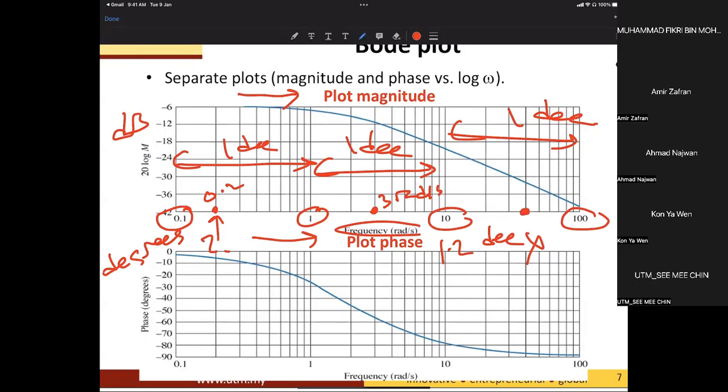What is the value of this frequency value? Where are you? Are you using a phone? No, a laptop. 10. What comes after 10? 11.